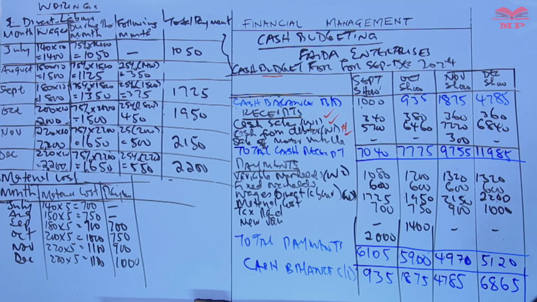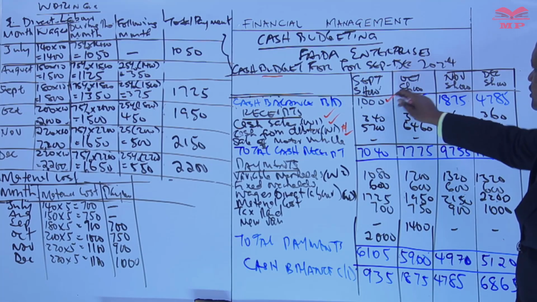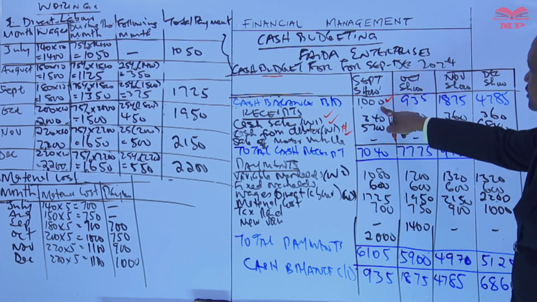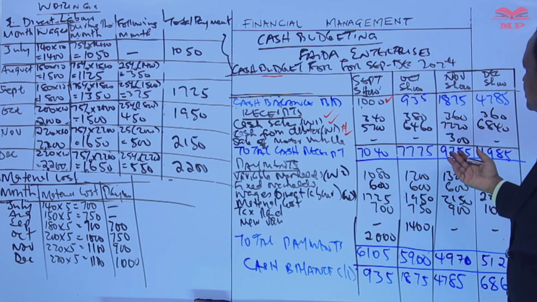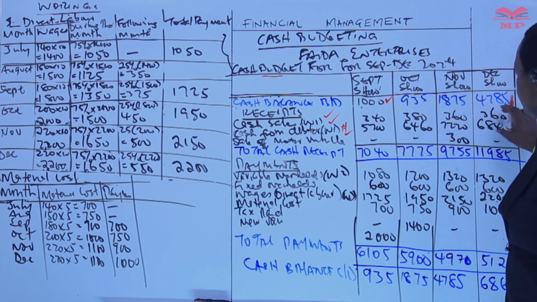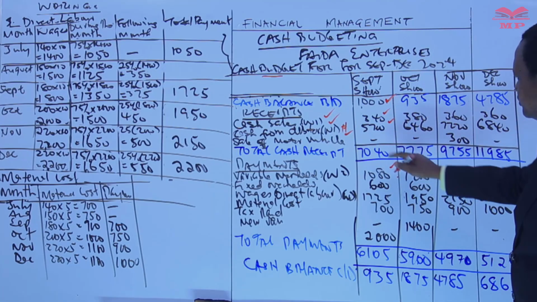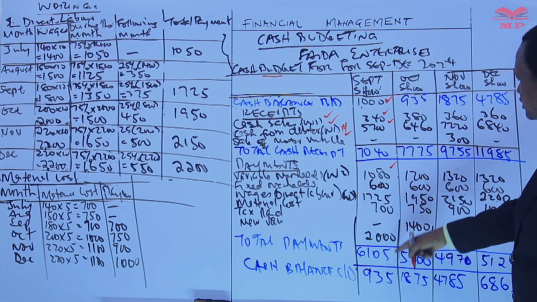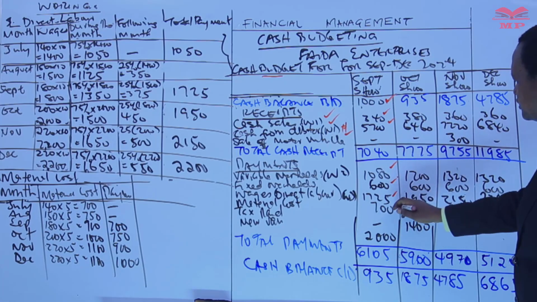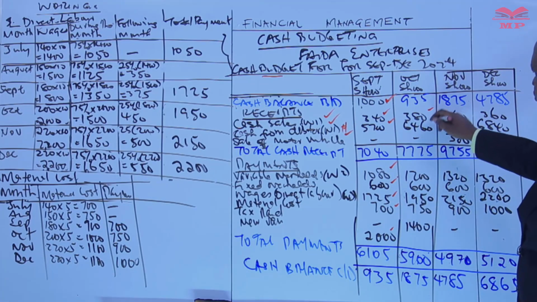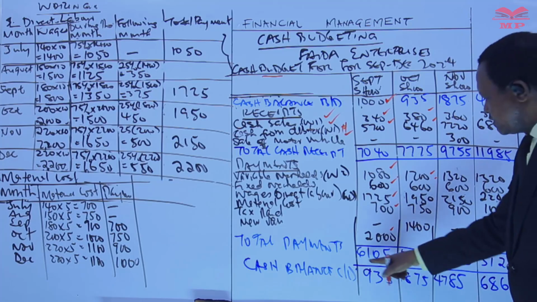Then we mark entries. Cash balance, this is just a free mark. You don't need to calculate this. And in the exam, candidate, sometimes you just do the entries. Make these entries, forget about these additions. Do the entries first, because you could be struggling balancing these things.